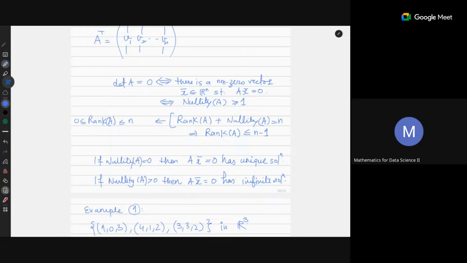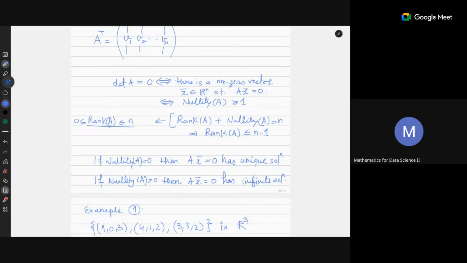All right. When can rank be n? Rank of a matrix can be n when nullity is 0. So if nullity is 0, that means rank of A is n. What does it mean that the rank of A is n? That means there are only dependent variables. That means there is no zero row.